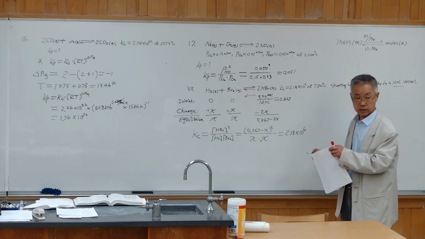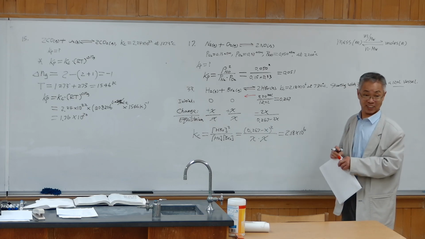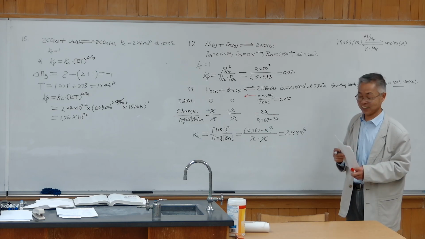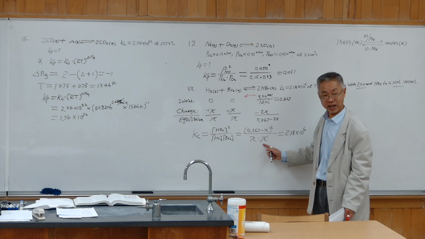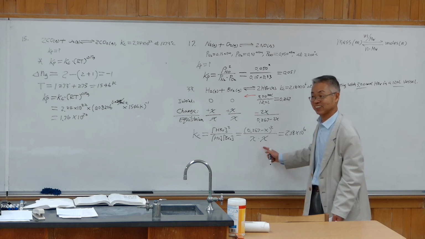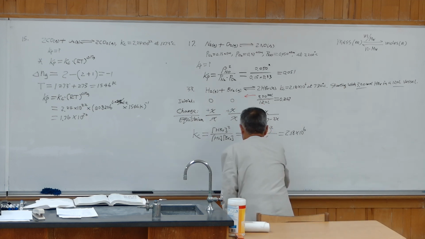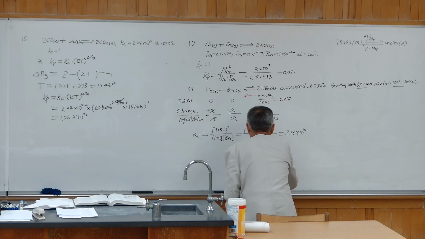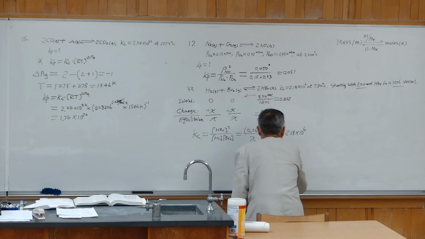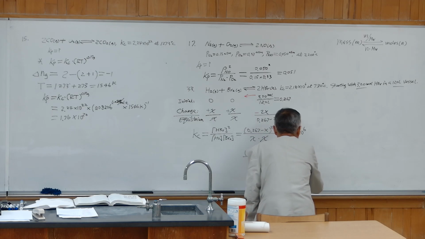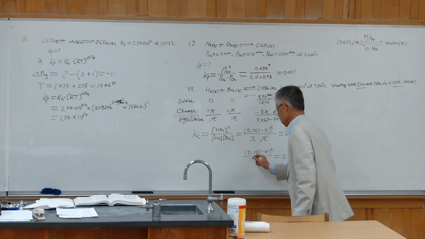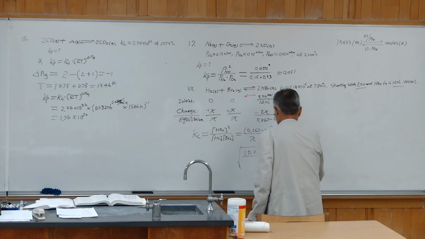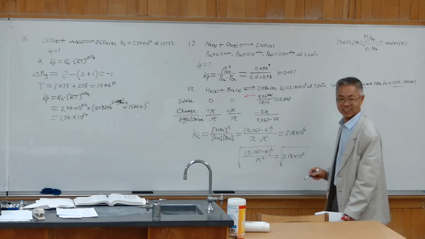The rest is just solving this equation, a quadratic equation, right? But for this case, you find x times x is x squared, so this is a little bit easier than the regular quadratic equation. Since this is x squared, this is squared, this is also squared, we can take the square root.